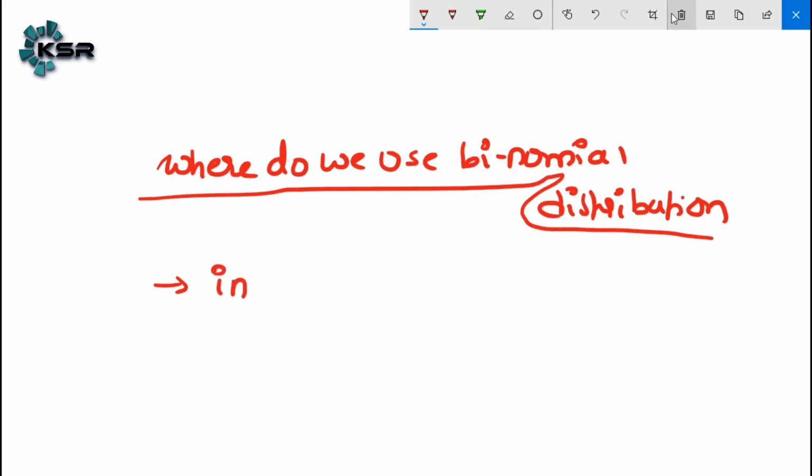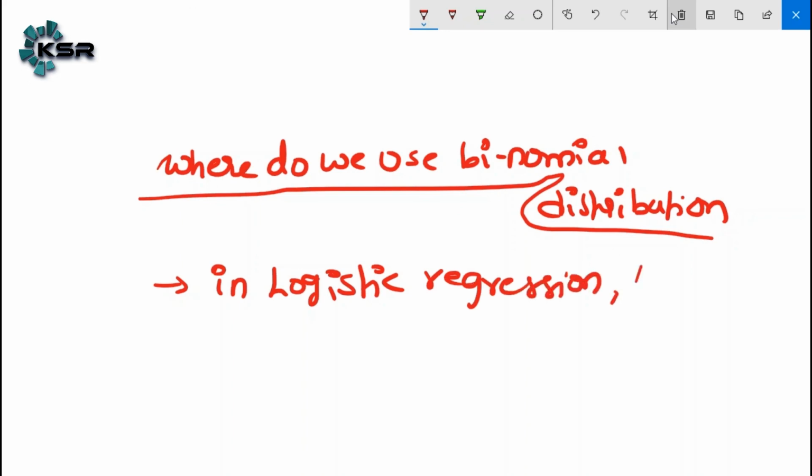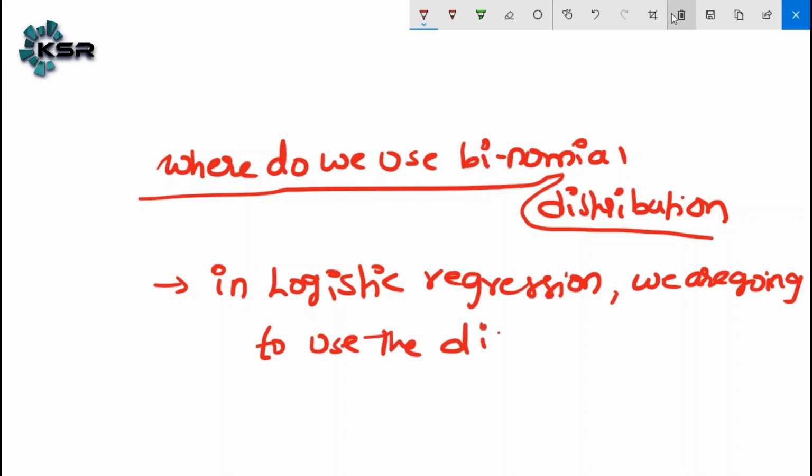We are going to use the binomial distribution in logistic regression.